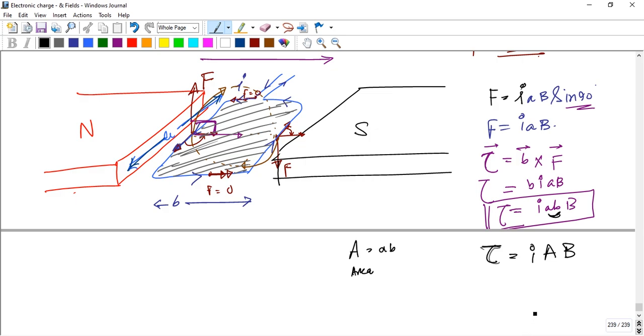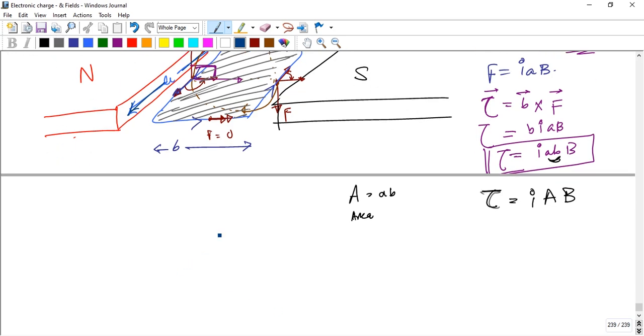Okay, now there is a force, so there is some rotation. If the rotation slightly changes, it previously looked like this, and now it looks like this.